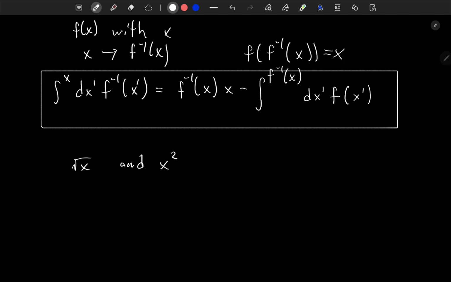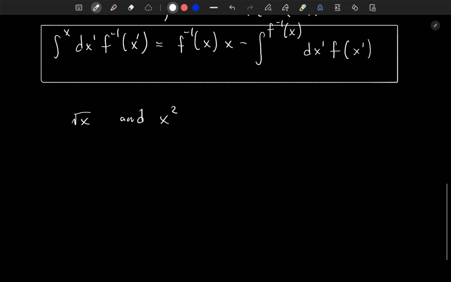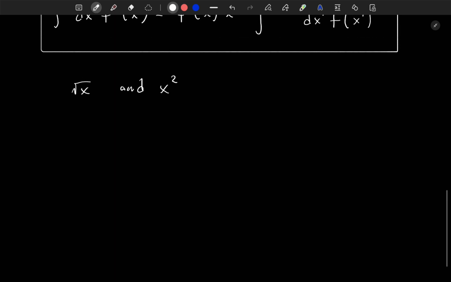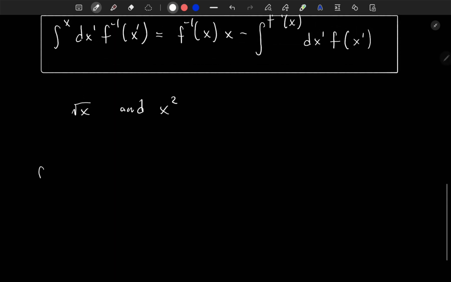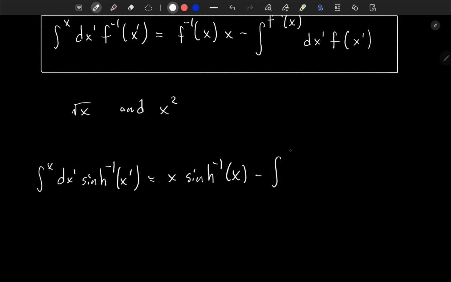But we're going to do the integral of inverse sinh now, because we're lazy and we don't want to deal with logarithms. Okay, well, we'll follow just our formula. The integral dx prime of inverse sinh equals x inverse sinh minus, well, this will be inverse sinh again, dx prime, and then the function is sinh itself.